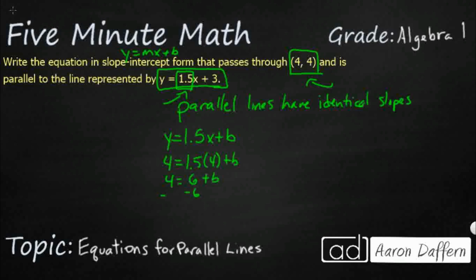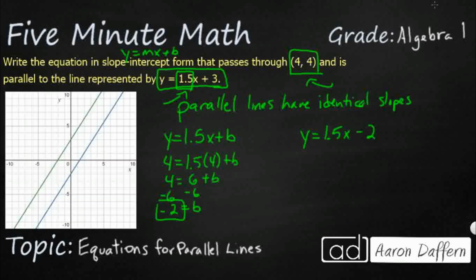Subtract 6 from both sides. All right, so it looks like my b is going to be -2. So I have to put it back together now, but my new equation is going to be y equals 1.5x with my y-intercept of -2 because my slope is identical.